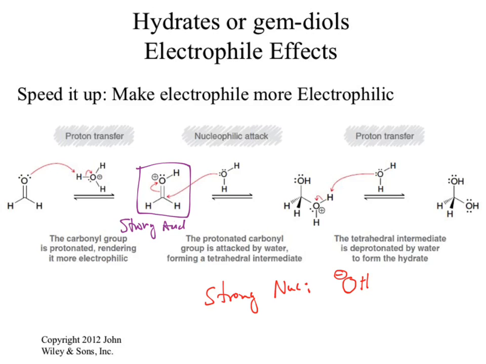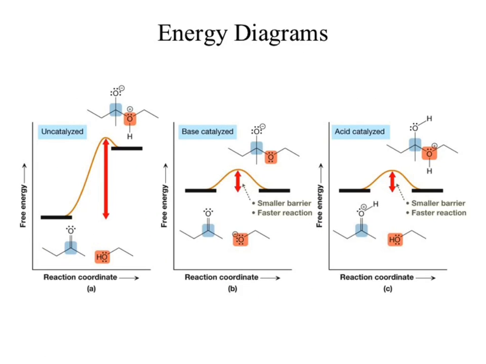If you're under acidic conditions, what charge should you never see? A negative. Because a negative is a strong base. If we're under acidic conditions, it can't exist. If I'm under strongly basic conditions, what charge should I never see? A positive. Right? So you have to be careful when approaching your mechanisms to make sure that you don't ruin one way or another.